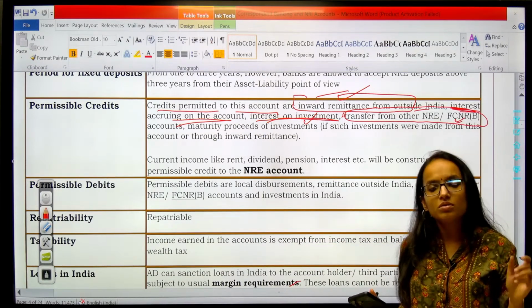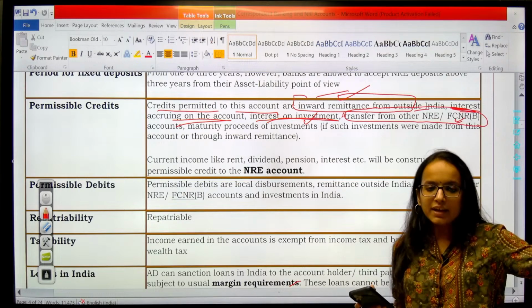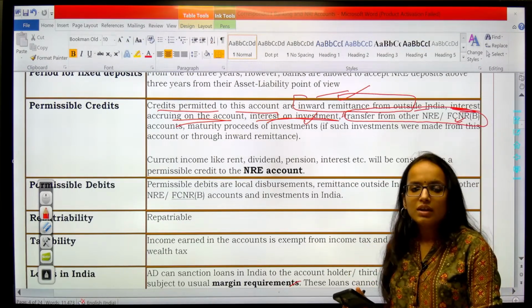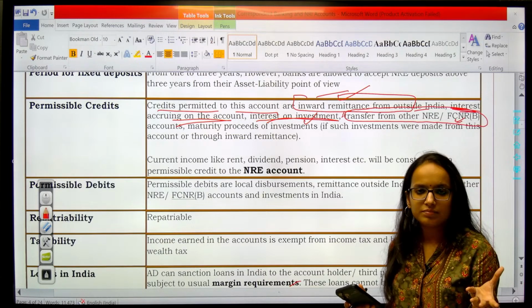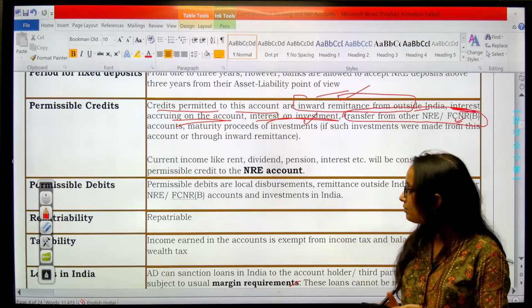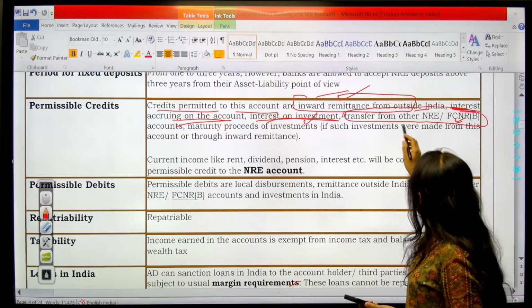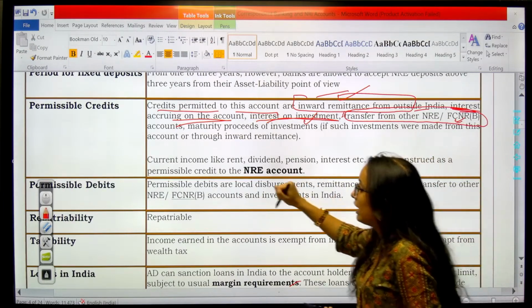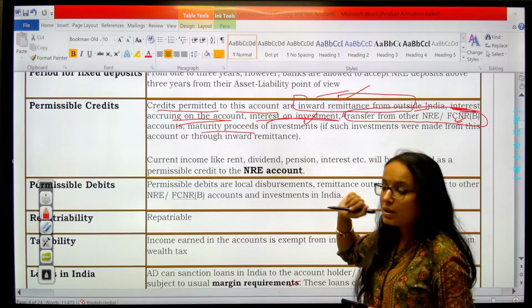Okay, it is also permitted. So one NRE account can transfer funds to another NRE account. That is a permissible credit. Clear? Okay. Transfer from one NRE to the other. Okay.